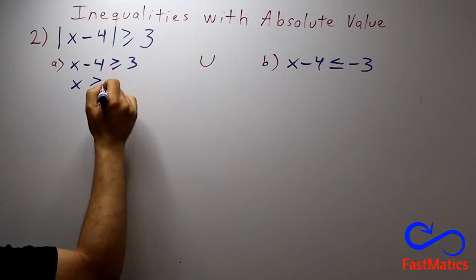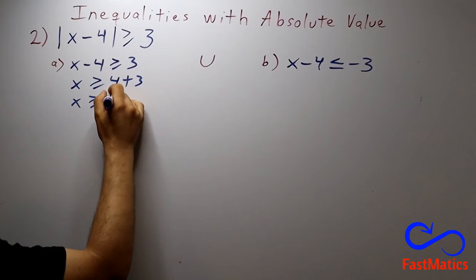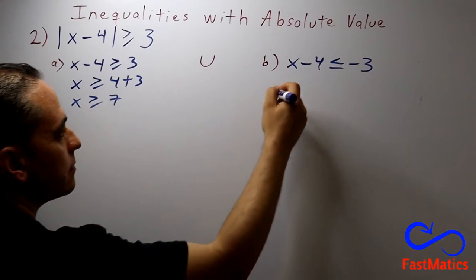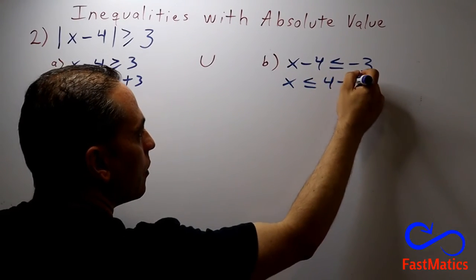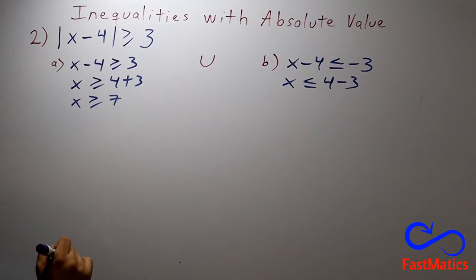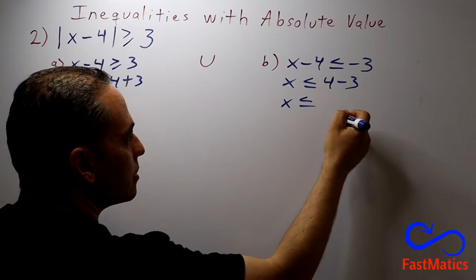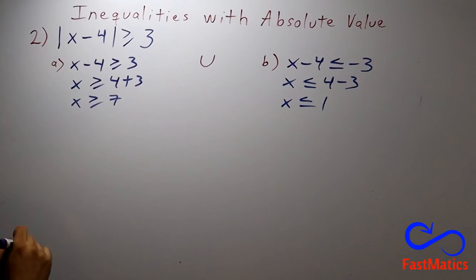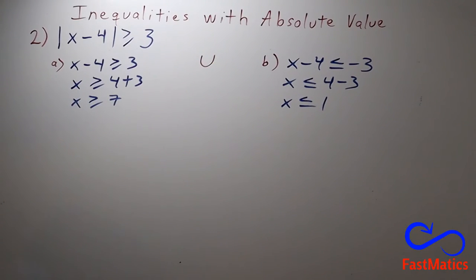X will be greater than or equal to 4 plus 3. X will be greater than or equal to 7. And here, X on the left side, everything on the right side, and x will be less than or equal to 1. We graph it, we make the union, and that's it.